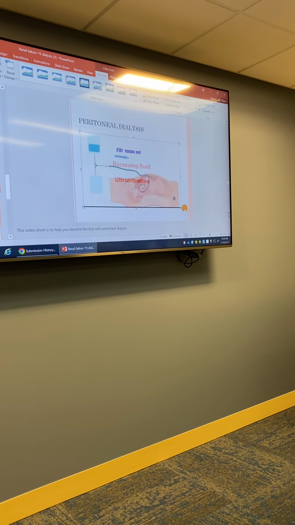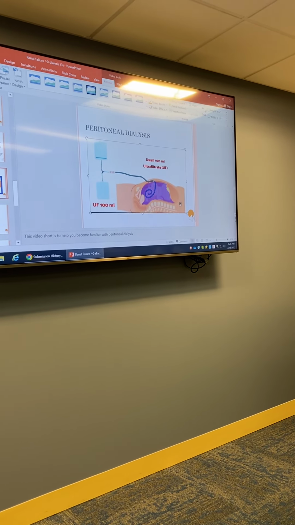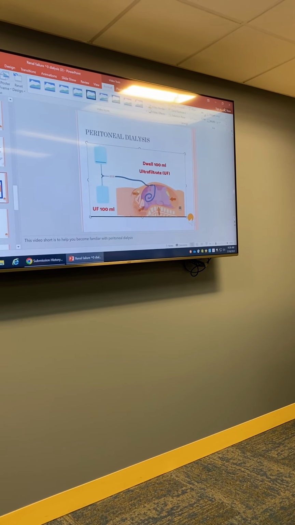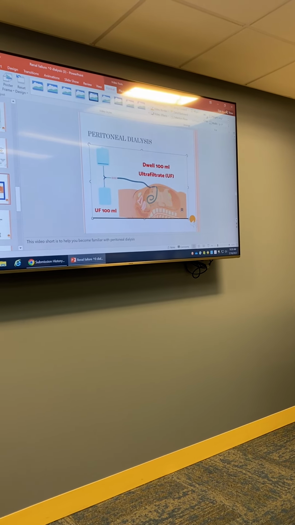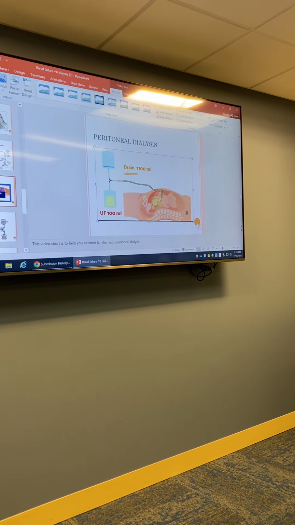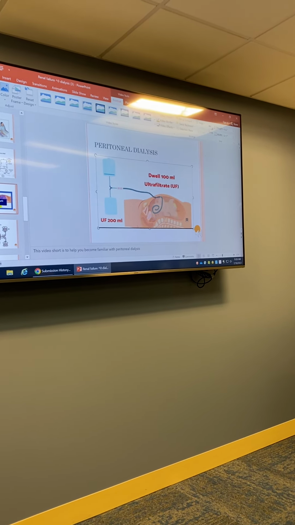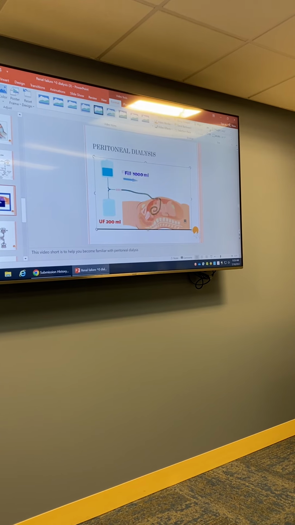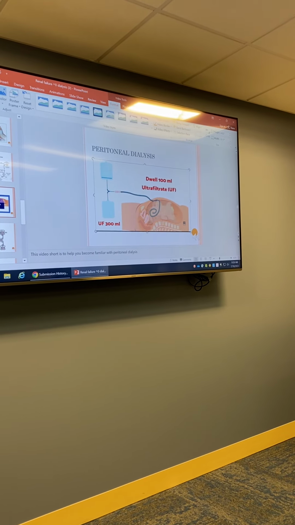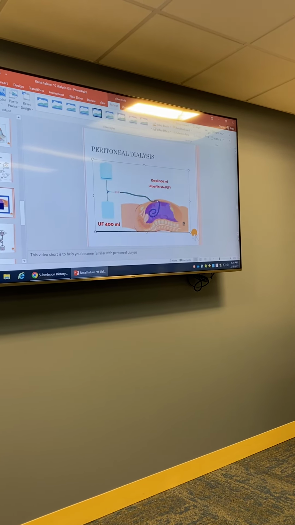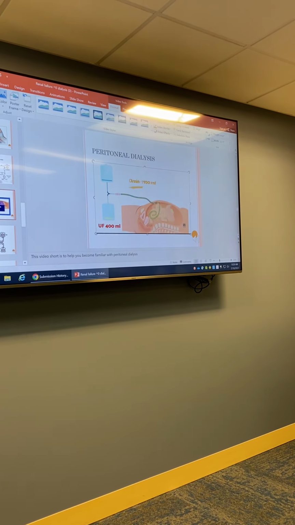Fluid is removed slowly. At every cycle, a small amount is taken off. The fluid taken off is called ultrafiltration and often shortened to UF. In this example, around 100 mL of UF is taken from the body in each cycle. After 4 cycles, 400 mL has been removed.